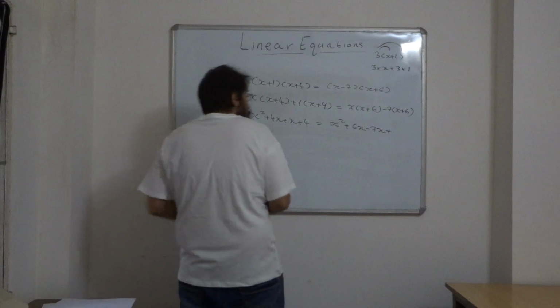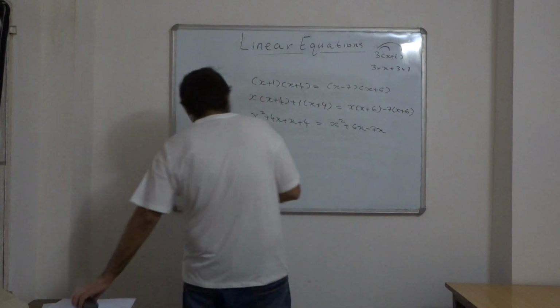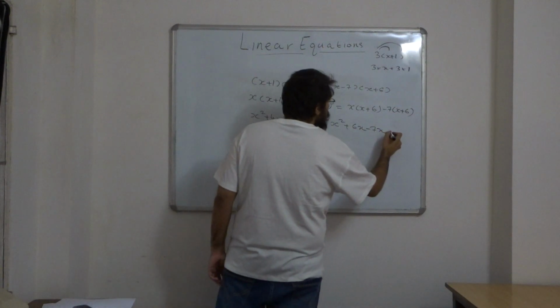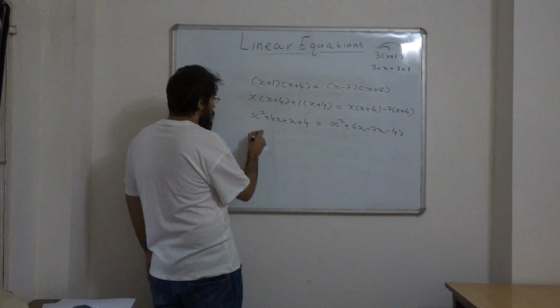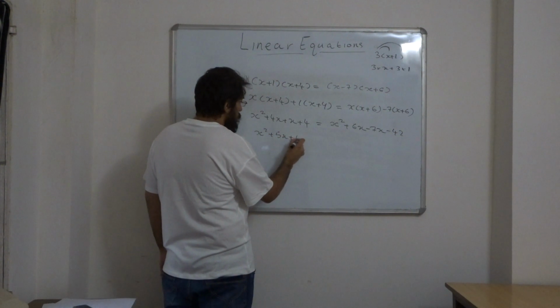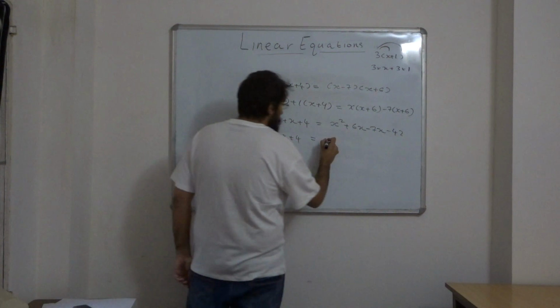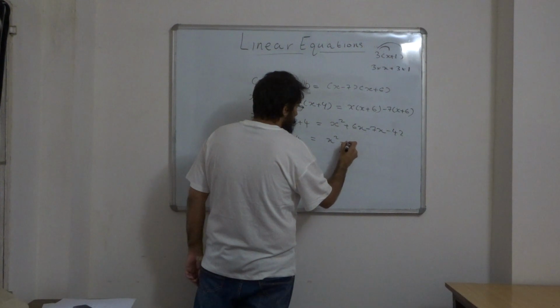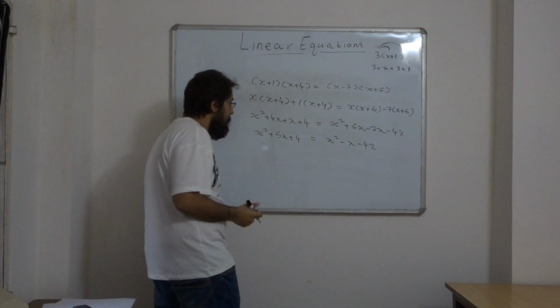Minus 7x. Okay, I'm not gonna fall in that trap again. All right. Minus 42. So x squared plus 5x. Okay, so this follows the algebraic identity. The same here.